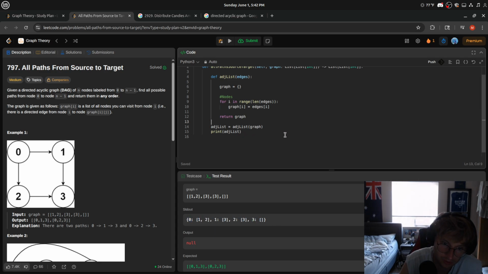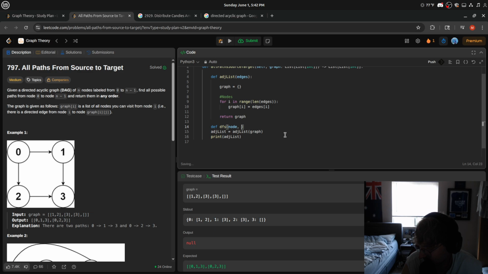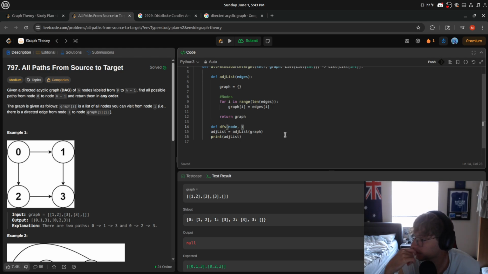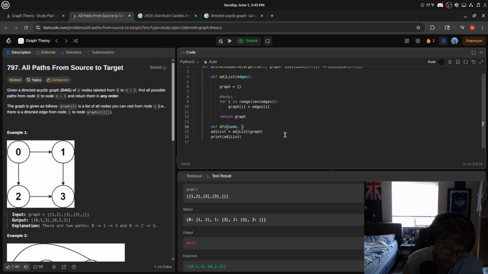Okay, so then we would do def DFS. We want to pass in our node, and we want to pass in our array.